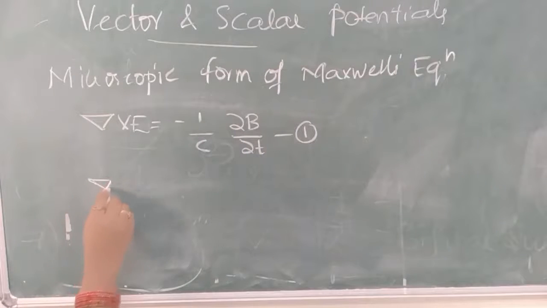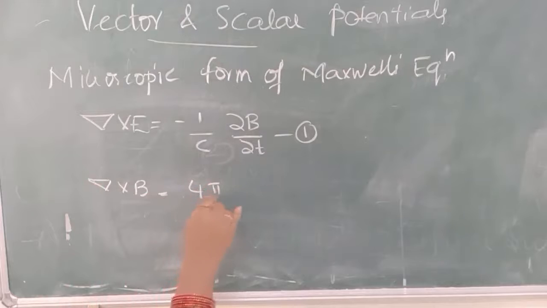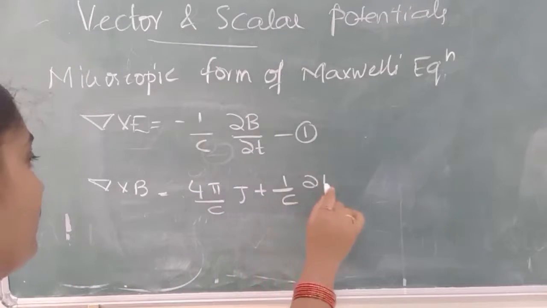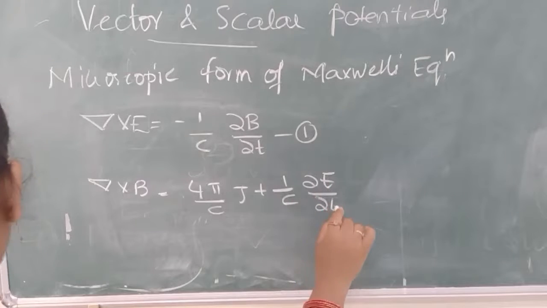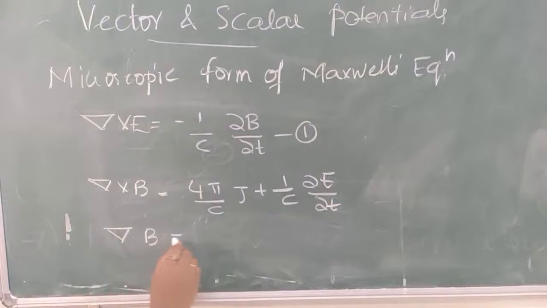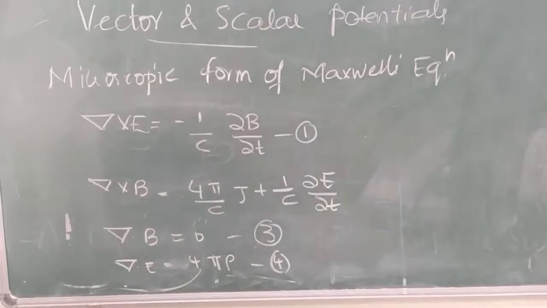The next, del cross B is equal to 4 pi by C j plus 1 by C dou E by dou T. Del dot B is equal to 0. Del dot E is equal to 4 pi rho. These are equations 3 and 4.